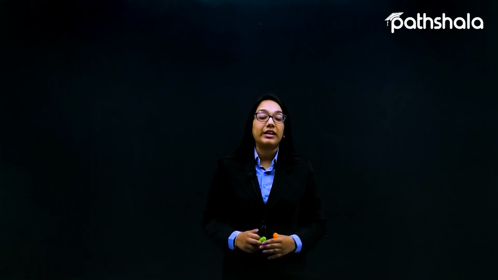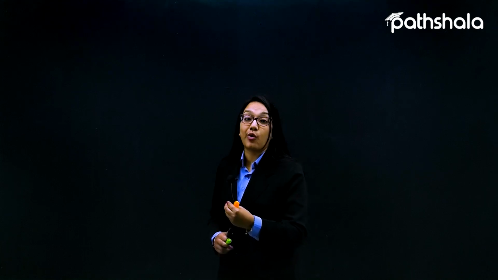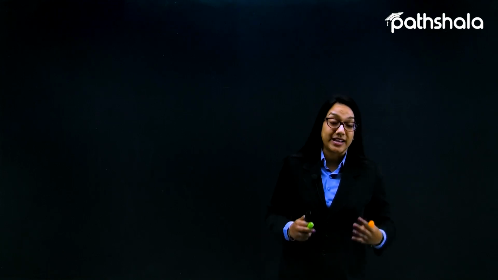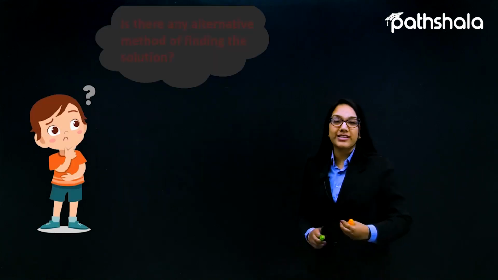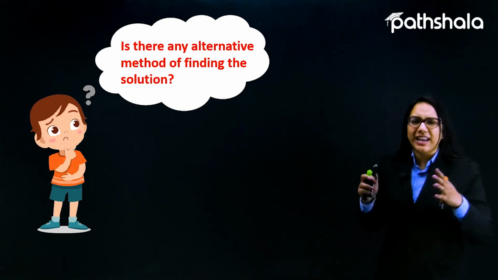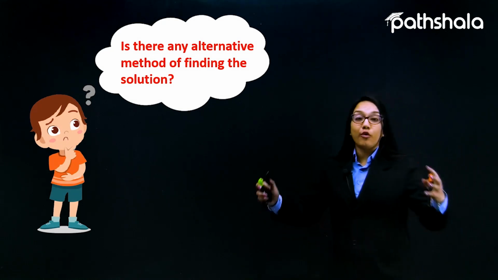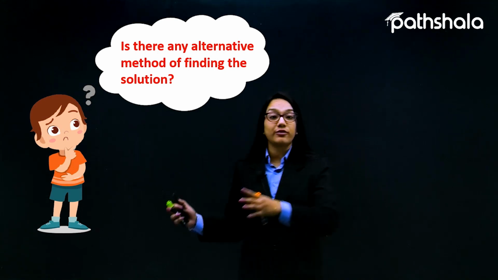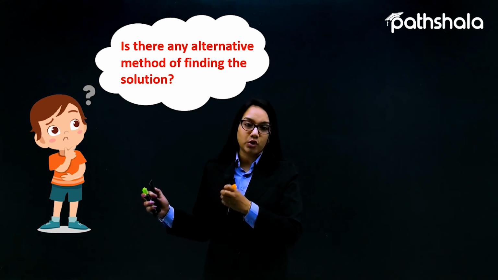So instead of just using the graphical solution, we can also find the solution of a pair of linear equations through other methods as well. The question arises: is there any alternative method of finding the solution for a pair of linear equations instead of just the graphical solution set?